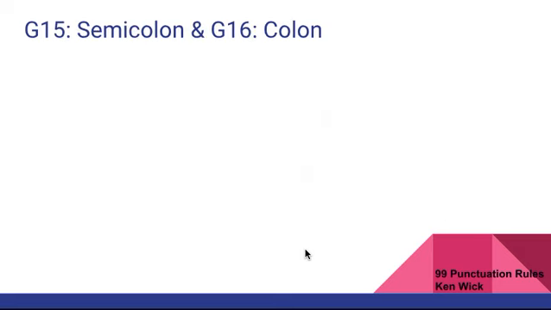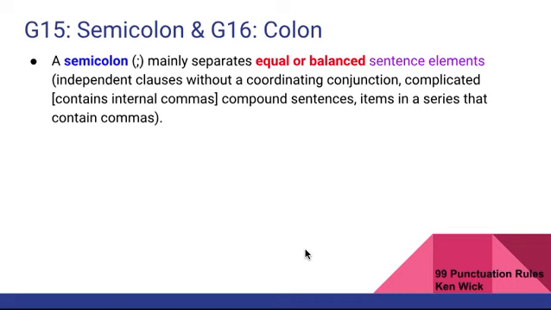So let's move on to the semicolon and colon. Now the semicolon only separates equal and balanced sentence elements. So if you ever wonder why you use a semicolon, you're dividing things that are equal or balanced. And the examples here are independent clauses without a coordinating conjunction.